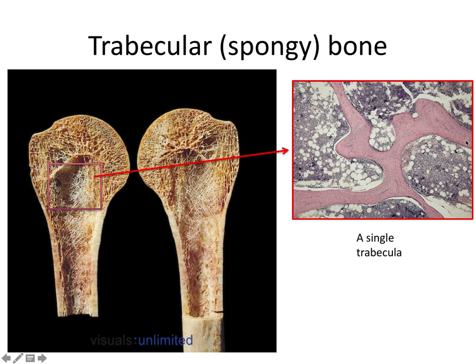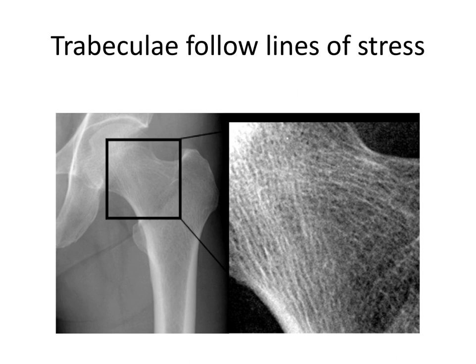We're going to digress a little bit from the histology just to look at a plain film radiograph for a second, because I want you to appreciate that trabeculae follow lines of stress. So if we zoom up here in this femoral neck, we can see all these little anastomosing spicules of bone. And those are aligned in a very deliberate fashion.